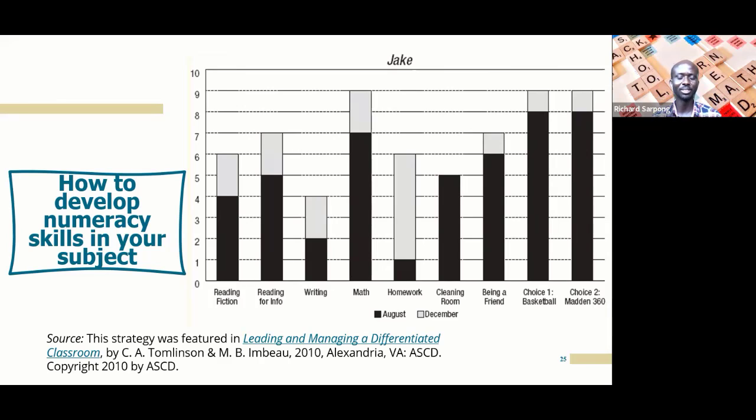So using a divided bar graph, for instance, is one way of helping a student to really compare his skill sets in reading fiction, reading for information, or writing within a 2-month period, right?